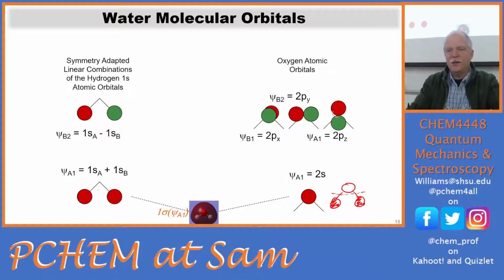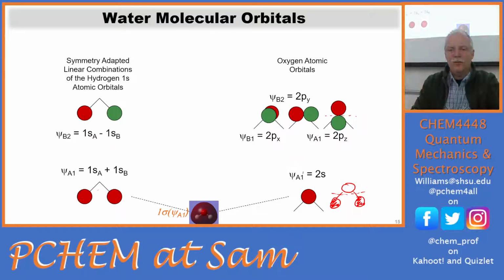Notice that's very similar to this 2pz. It has a shaded on bottom and an unshaded on top, if you want to call red unshaded, and has 1 node. And so this 2s combination and the 2pz combination are going to be very similar. Just the difference is the location of this node. Is it on the oxygen atom or slightly below the oxygen atom? And so essentially that's going to be the same molecular orbital.